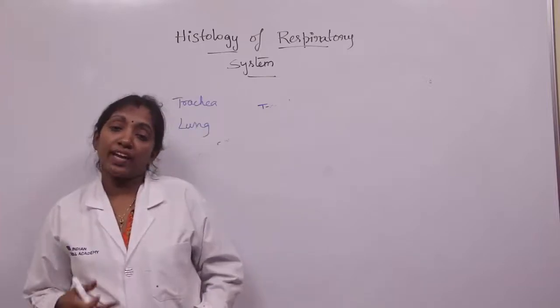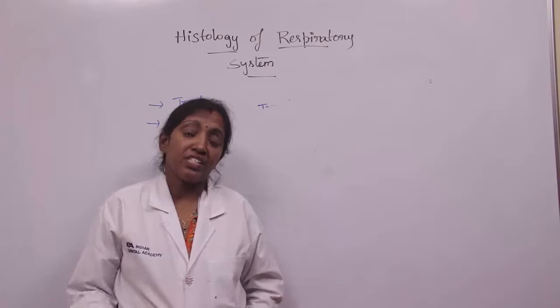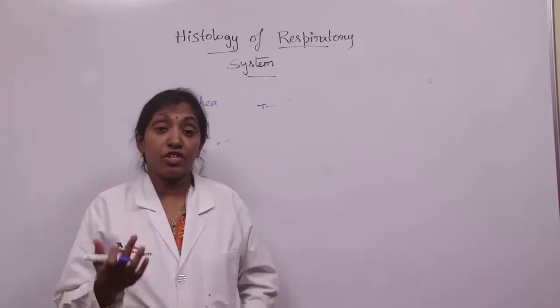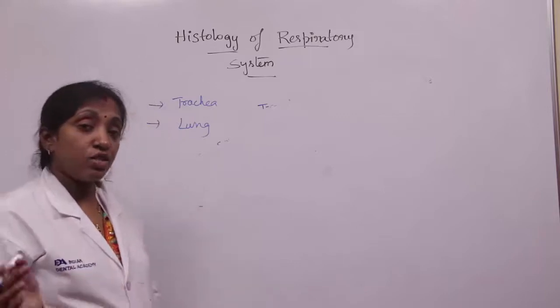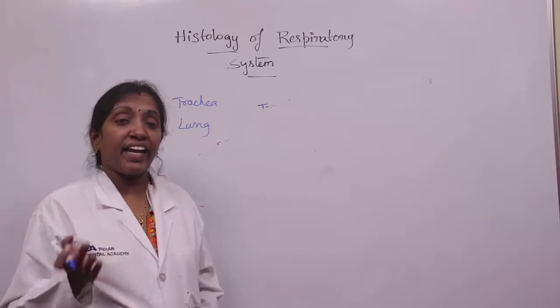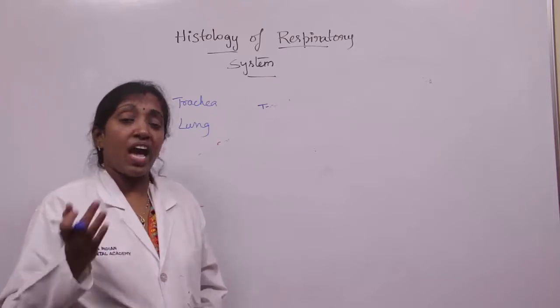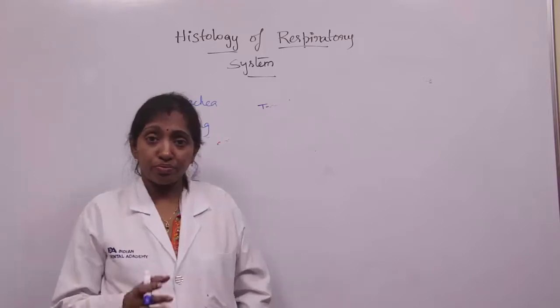Again, these principal bronchi divide into segmental bronchi, and these segmental bronchi again divide into tertiary bronchi, and again they divide into lobar bronchioles, and each lobe of lung is supplied by a lobar bronchiole. These lobar bronchioles again and again divide into tertiary bronchi, and again tertiary bronchi divide into respiratory bronchioles.